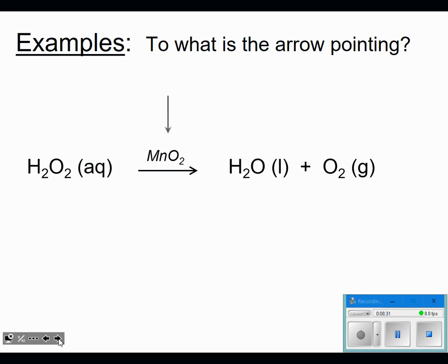So that is pointing to the compound over the arrow, which is manganese IV oxide, actually, and that would be a catalyst because it's going to be used to speed up this reaction, but it's not actually going to be used in the reaction, and that's why we put it over the arrow itself. Then we have this circle around everything to the right of the arrow, which would make all of these things the products.